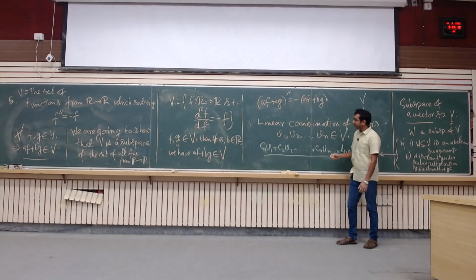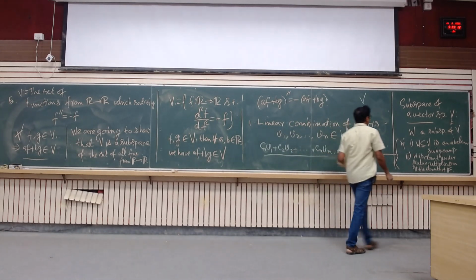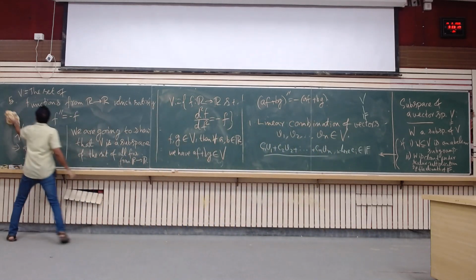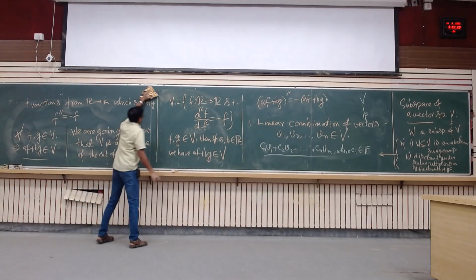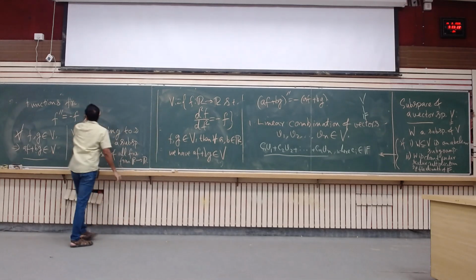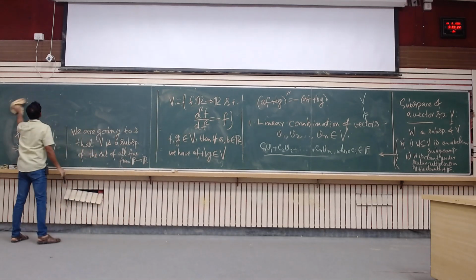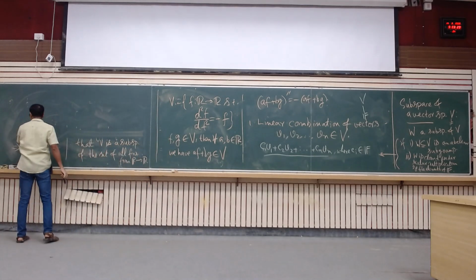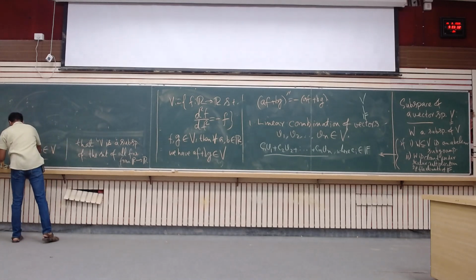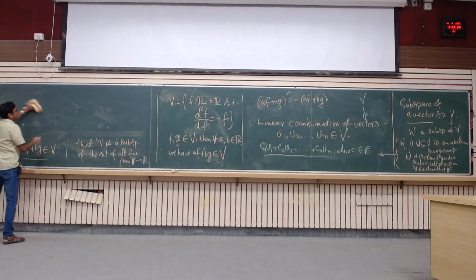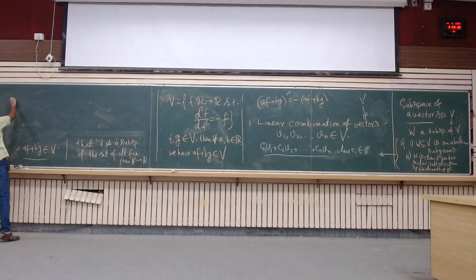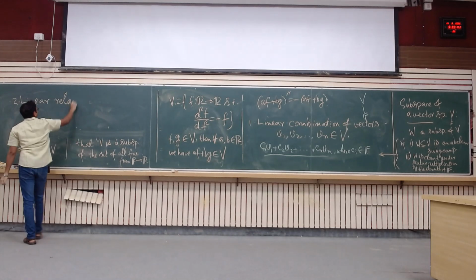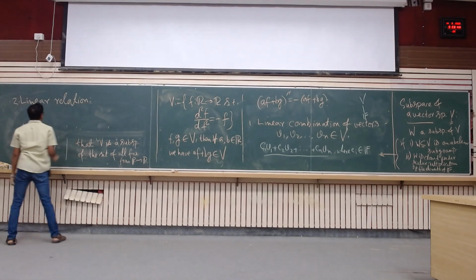Okay? And then we say that there exists a linear relation among v1 to vn if there exists... well, for linear relations you do not have any constraint on the coefficients here. So by a linear relation, what do we mean?